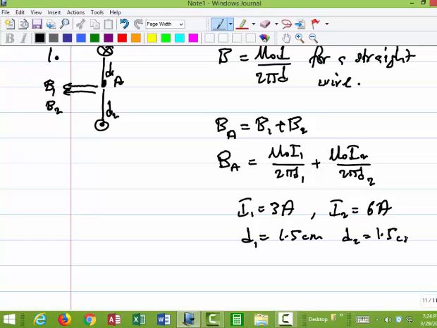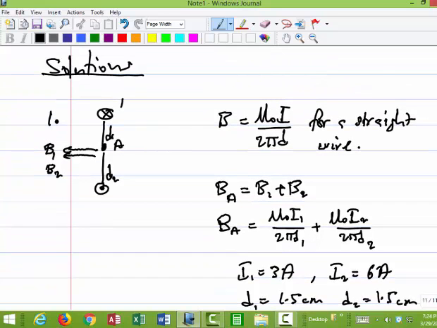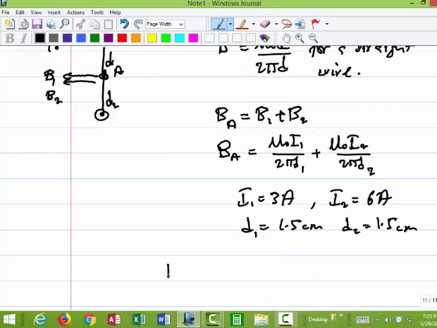So that's what I wanted you to do, to use the magnetic field formula for the straight line to calculate the field at some point in space, this point here. So you have mu naught over 2 pi d, and you just do I1 plus I2, like that.